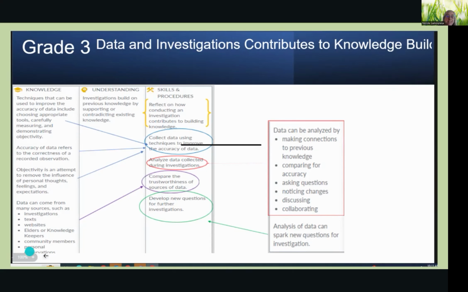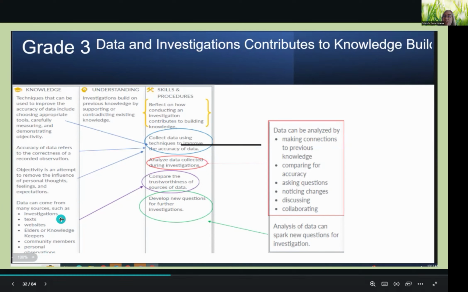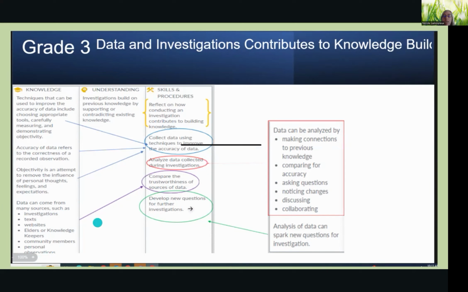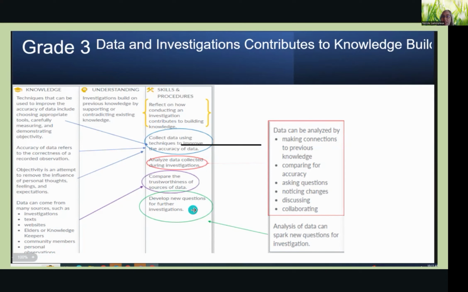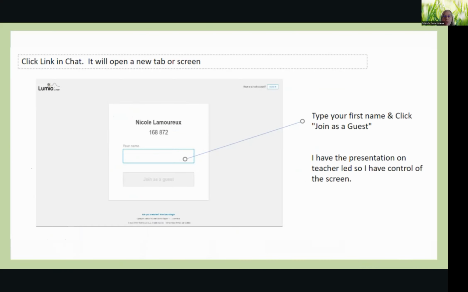Compare the trustworthiness, and such as, we know means we don't have to teach all of them, it's a sampling. And then analysis of data, so develop questions for further investigation. Now, in 4 to 6, we don't see anything about questions, but the assumption is that they know their basic facts in primary, so hypothetically, they should be continuing to work on that skill in 4 to 6, okay?